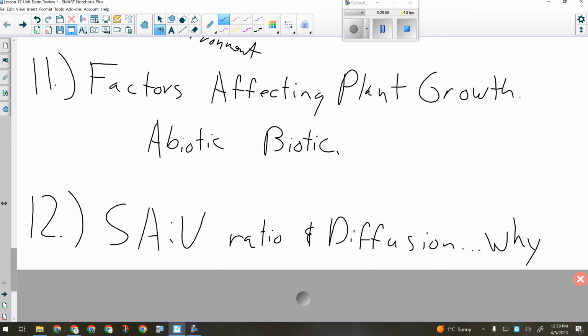Okay, and we've already mentioned this a little bit before, but there is going to specifically be a couple of multiple choice questions and one written response item about cell size, surface area to volume ratio, and diffusion.